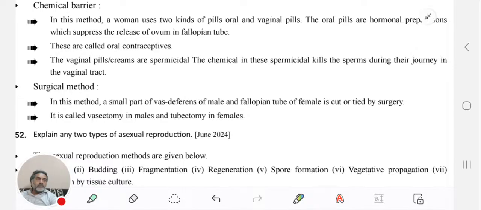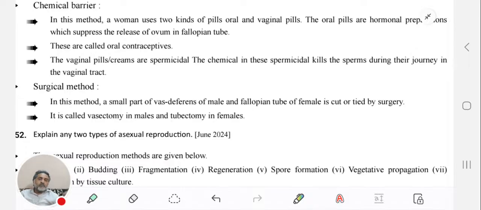The chemical in this spermicidal kills the sperm during the journey in the vaginal tract. Surgical method. In this method, a small part of vas deferens of male and fallopian tube of female is cut or tied by surgery. It is called vasectomy in males and tubectomy in females.